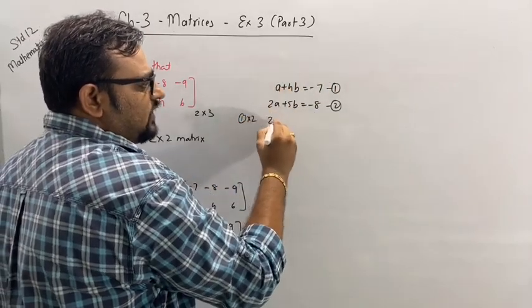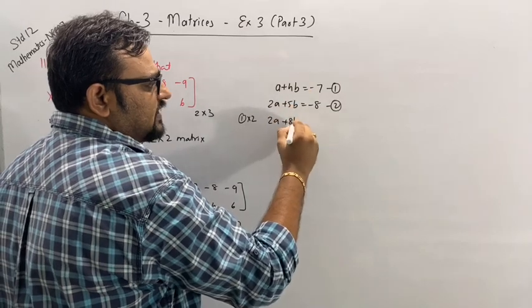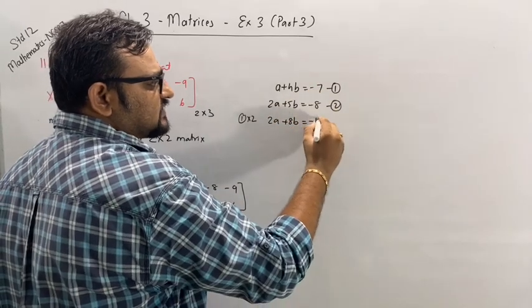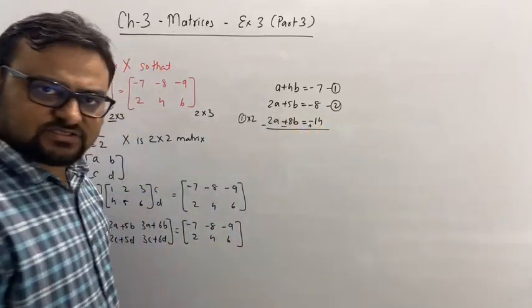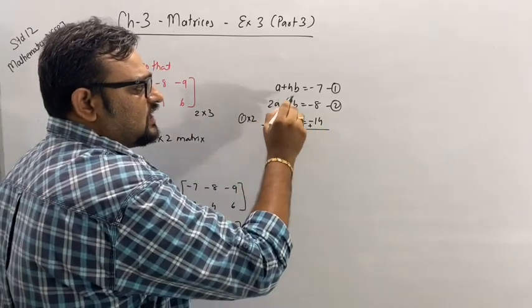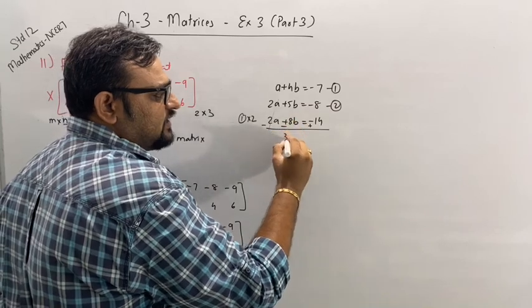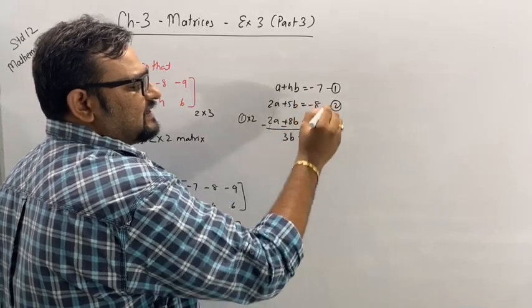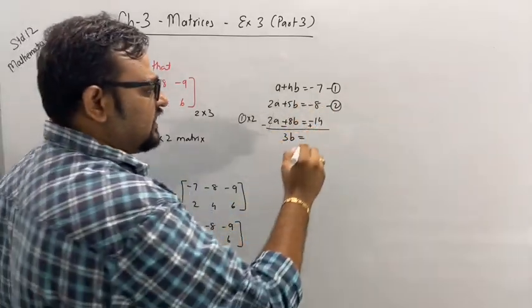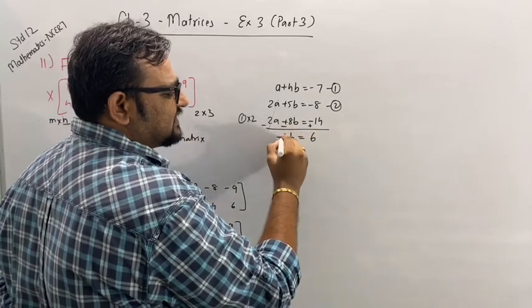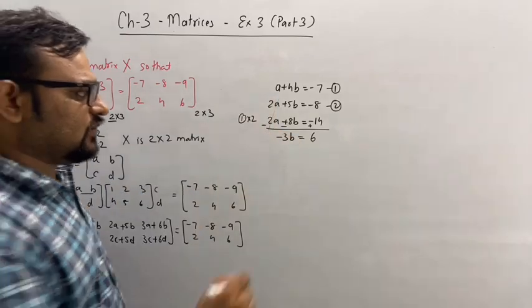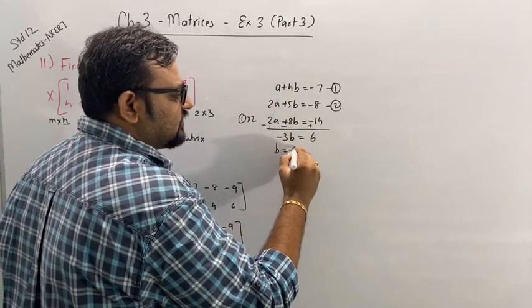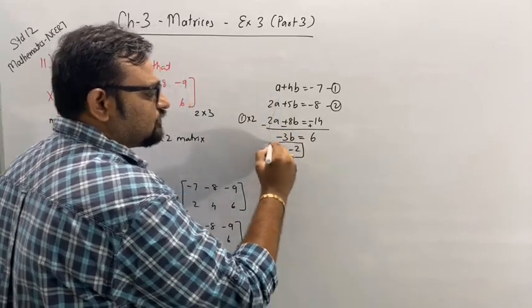So I will get 2A plus 8B equal to minus 14. Clear? Minus, minus, plus. 2A, 2A will get cancelled. 5B minus 8B, that is minus 3B, equal to minus 8 plus 14, which will be 6. So B is equal to minus 2.